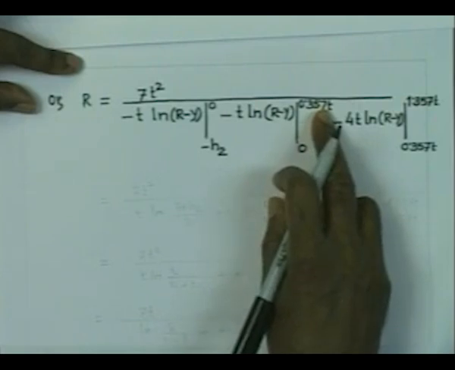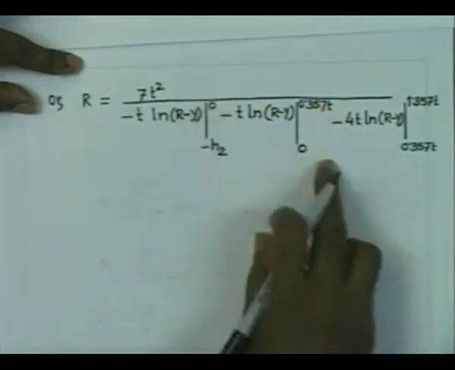In fact, these two can be combined. We can write really that this 0 they will cancel out.